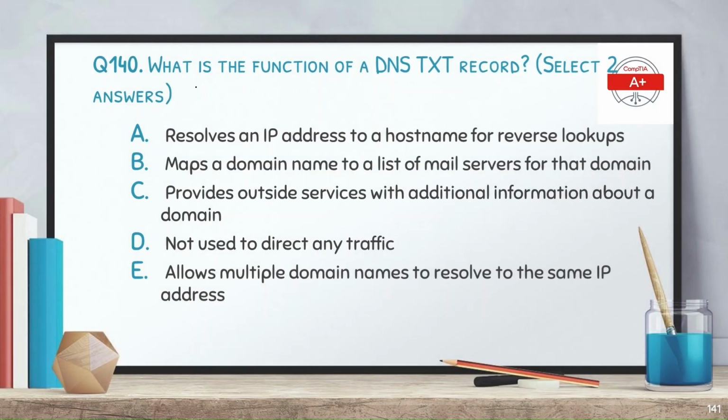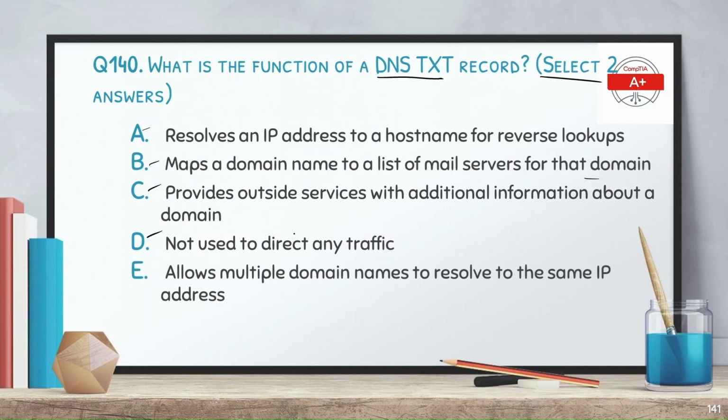Question number 140 is that what is the function of a DNS TXT record? Select two answers. Options are A, resolve an IP address to host name for reverse lookup. Option B, maps a domain name to a list of mail servers for that domain. Option C is provides outside services with additional information about a domain.